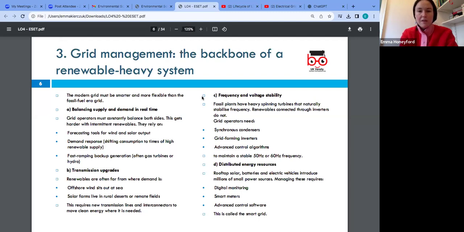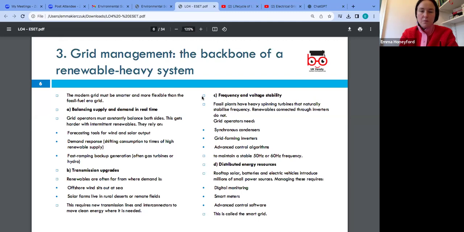The problem that we have is that a lot of the infrastructure has become outdated and doesn't match the problems that we have. So the modern grid must be smarter and needs to be more flexible than the fossil fuel era grid. The infrastructure we had in place kind of met the demand, the technology for fossil fuels, but now we've seen different types of energy being introduced. It doesn't match this technology.